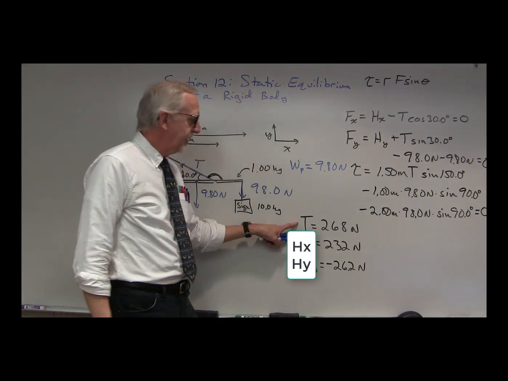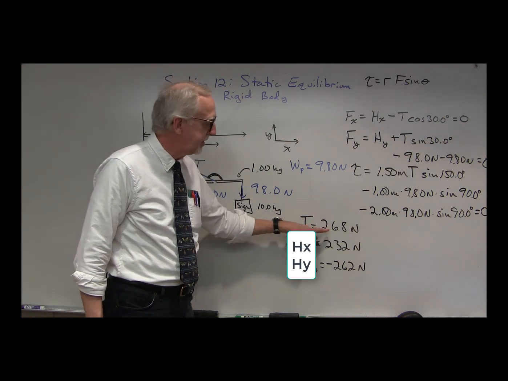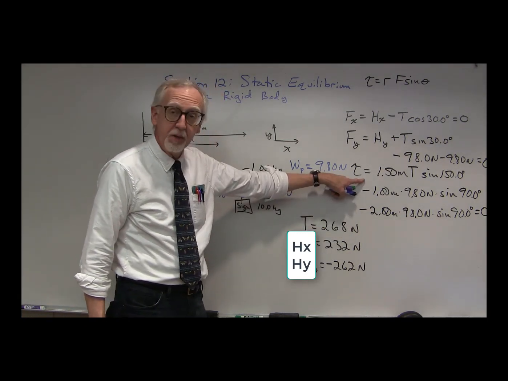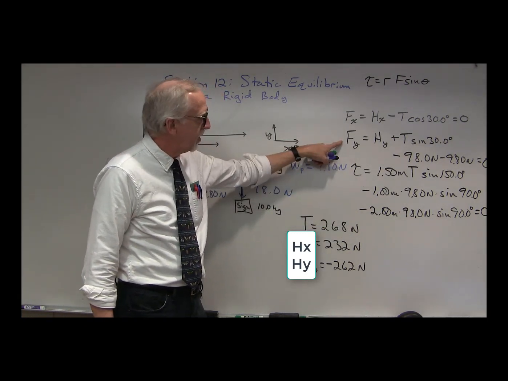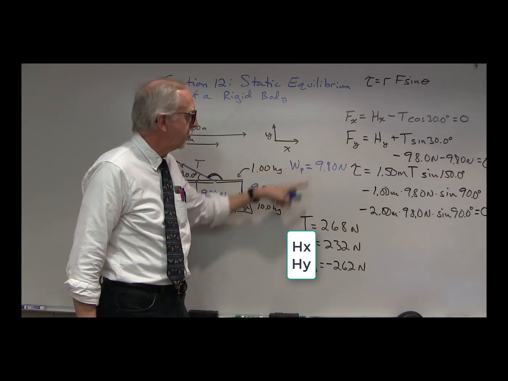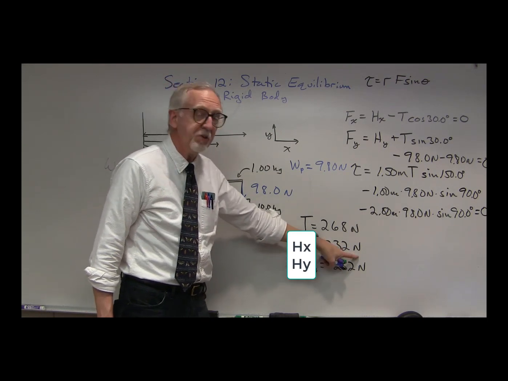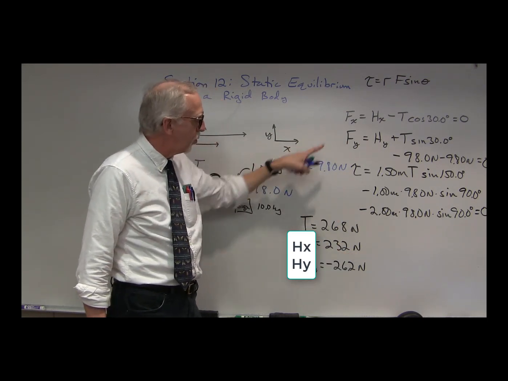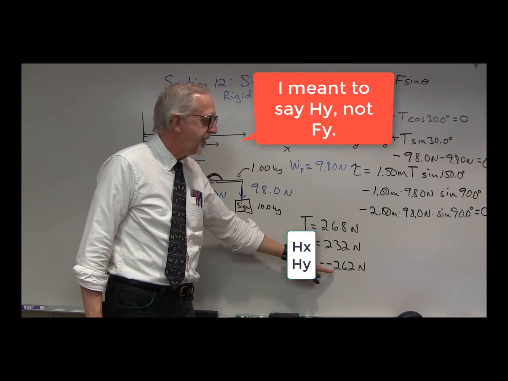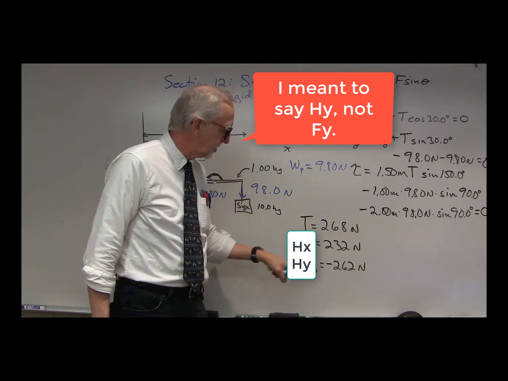What we find is that the tension is 268 newtons that we got from the torque equation. From the forces in the x direction, we got 232 newtons. And from the forces in the y direction, we get Hy is negative 26.2 newtons.